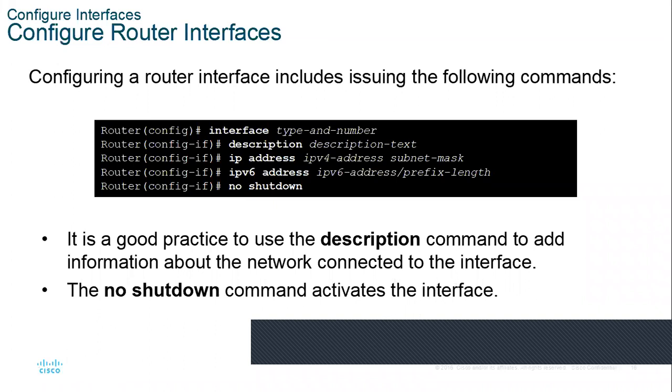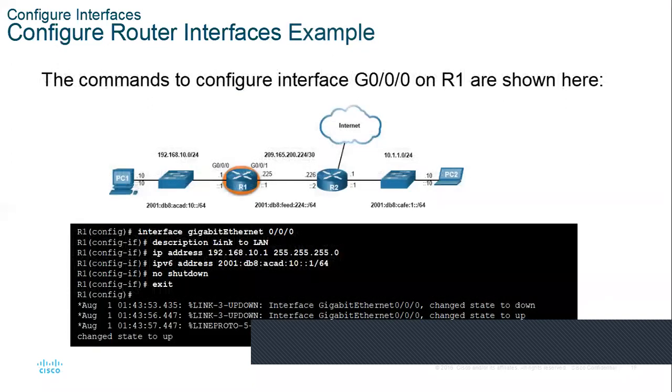Okay, so look at this topology here. If we need to configure the interface 0/0, most switches will have 0/0, 0/1, 0/2, 0/3, 0/4 that way, up to let's say 24 ports or 48 ports, depending on how many ports the router has.